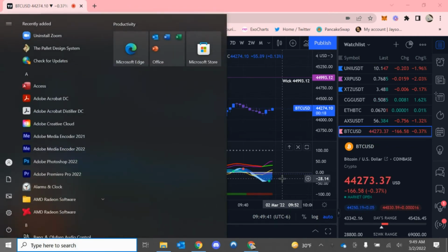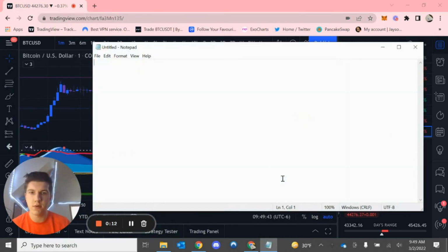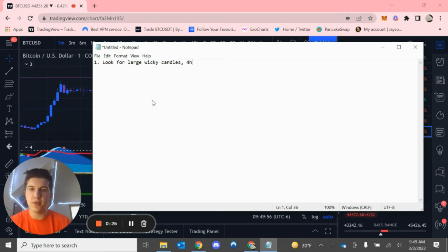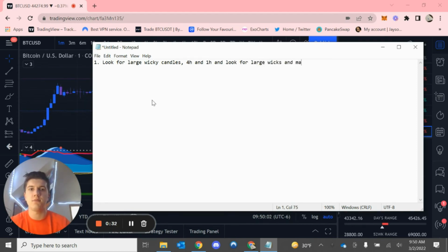And just to reiterate what we went over, first you want to look for large wicky candles. As a beginner, just go to the 4-hour and 1-hour and look for large wicks and mark out the wick.